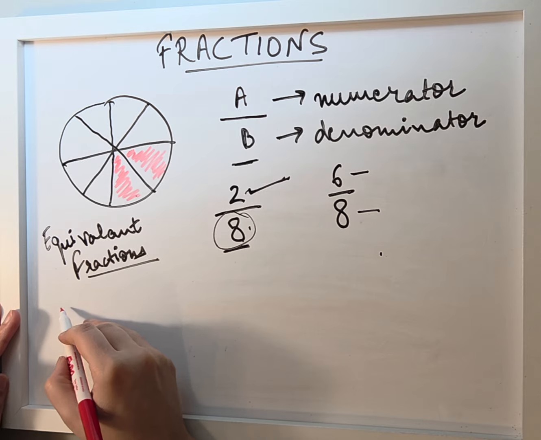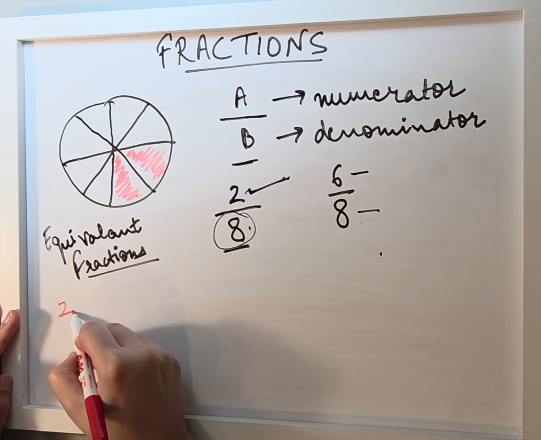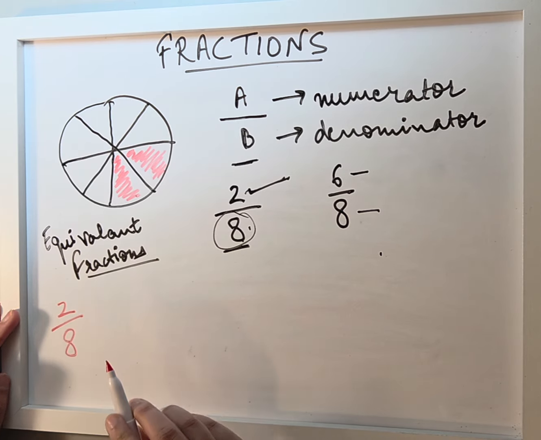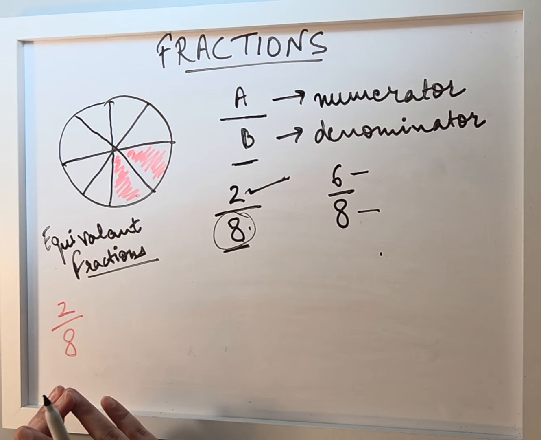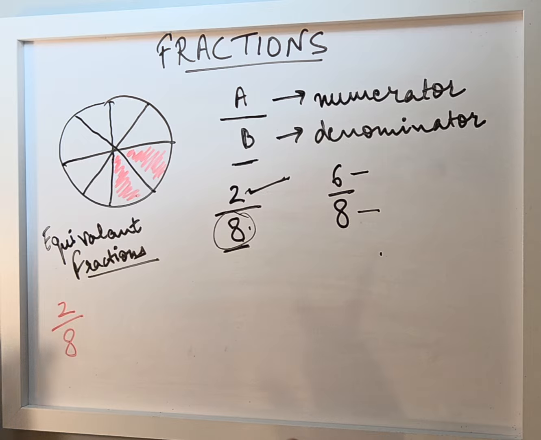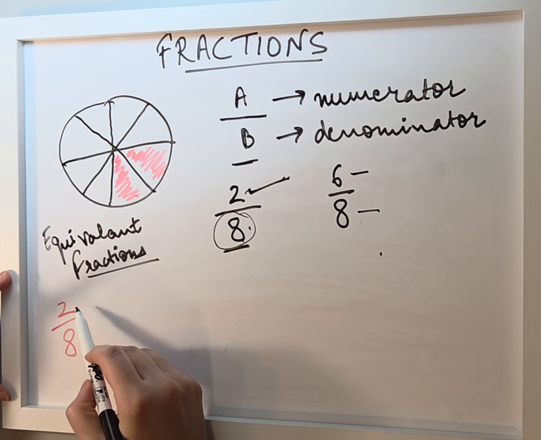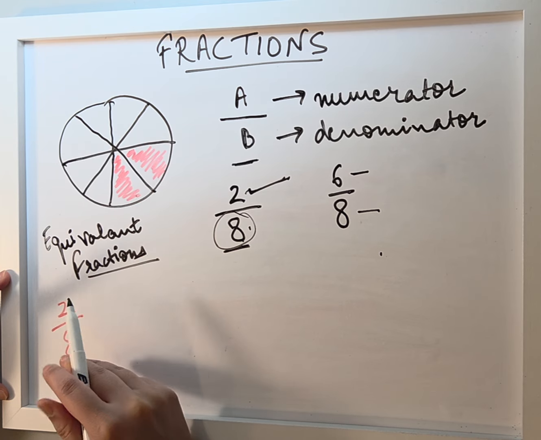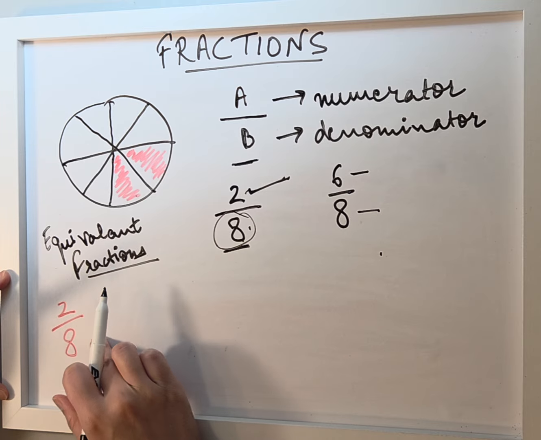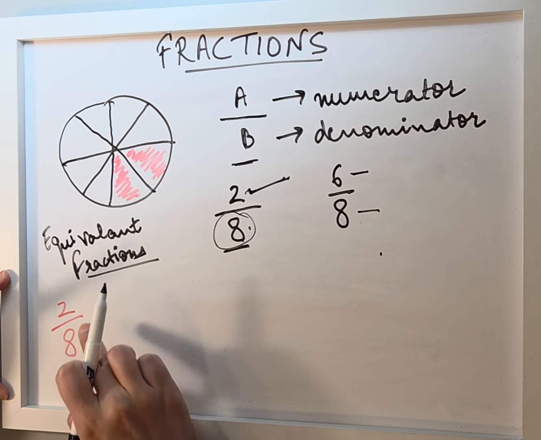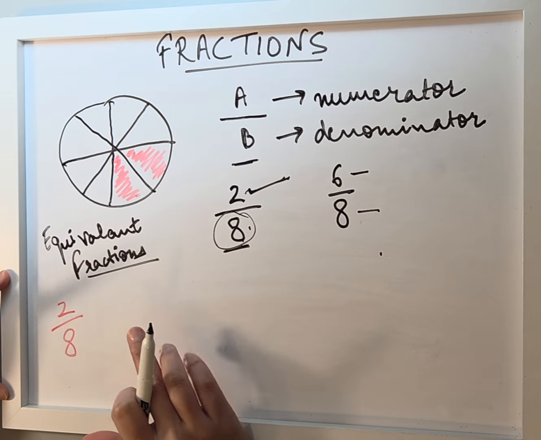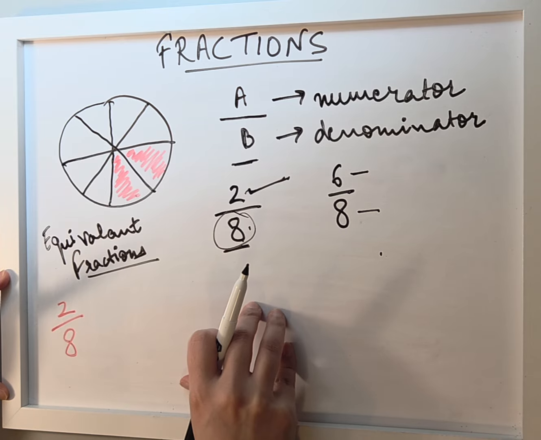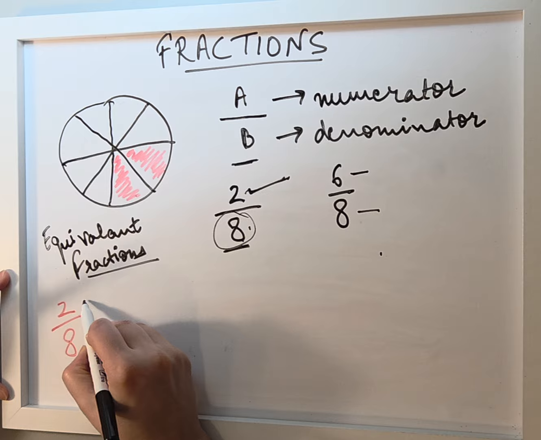If a fraction is given to us, for example, let's take here 2 by 8, one fraction can have multiple equivalent fractions. What do we mean by that? If we divide or multiply both the numerator and the denominator by the same number, then we get an equivalent fraction. What do I mean by that?